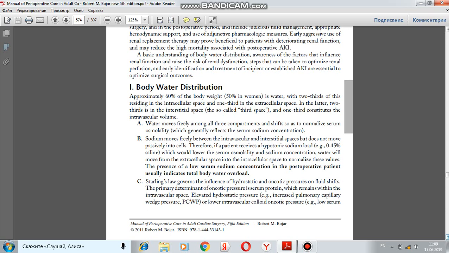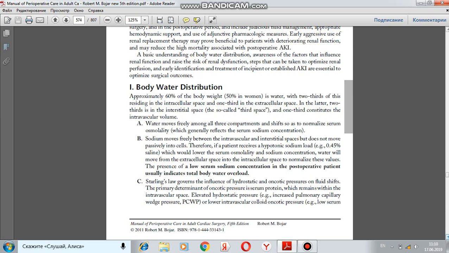Starling's law governs the influence of hydrostatic and oncotic pressures on fluid shifts. The primary determinant of oncotic pressure is serum protein, which remains within the intravascular space.